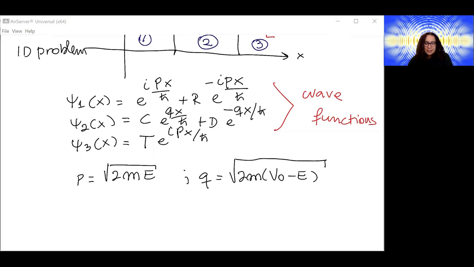Okay, so we have several constants, for instance R, C, D, T. They are determined by boundary conditions.